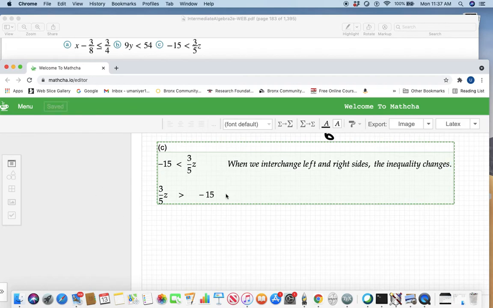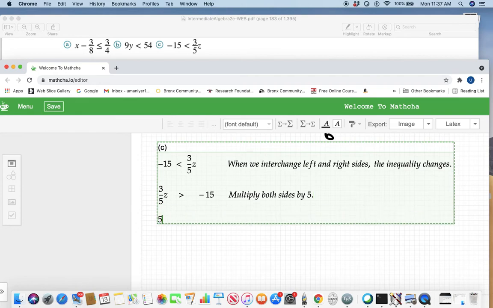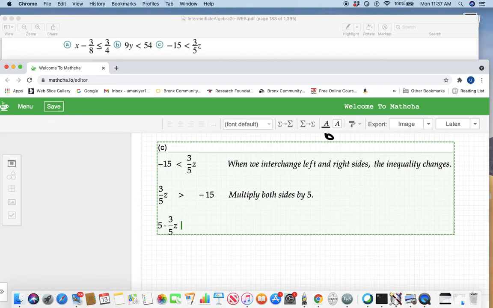At this point, I have denominator 5, so I'll multiply both sides by 5. 5 times 3/5 z. Notice 5 is a positive number.